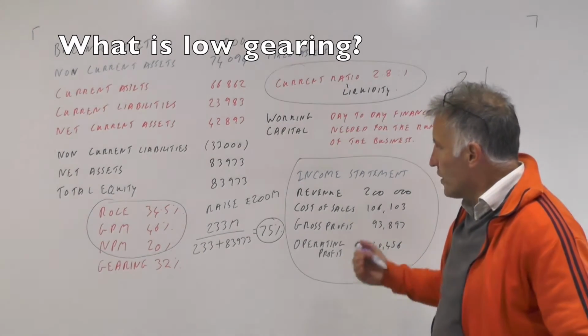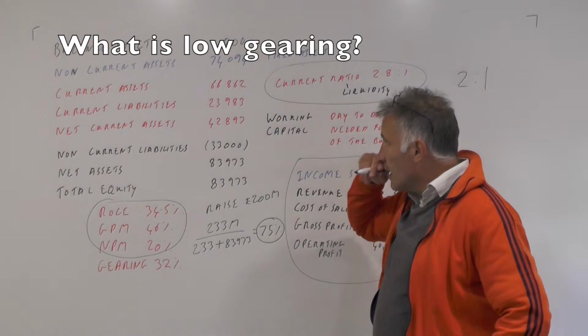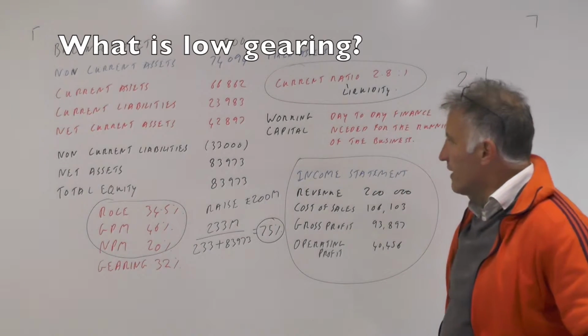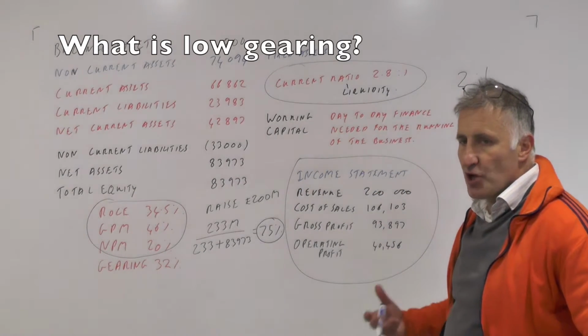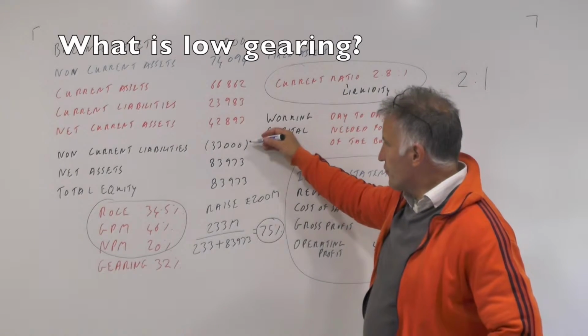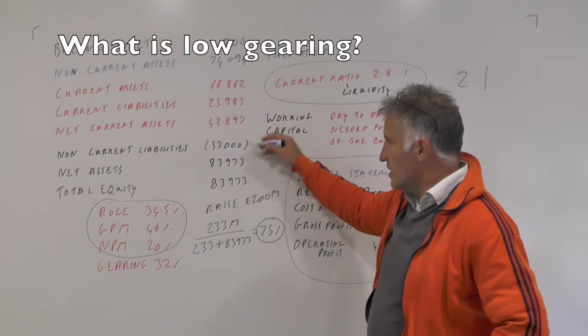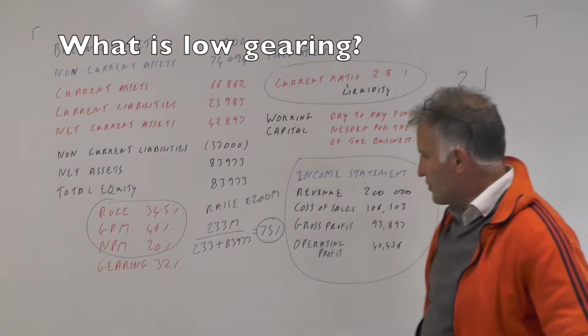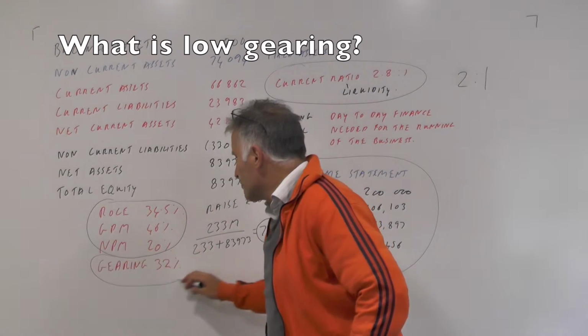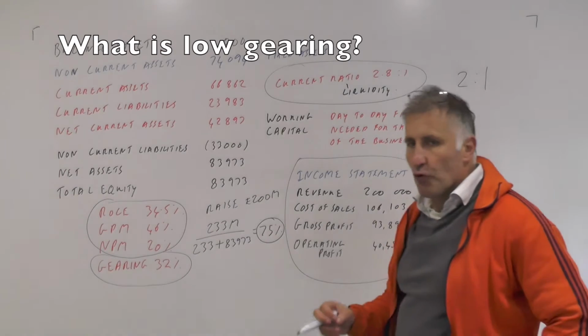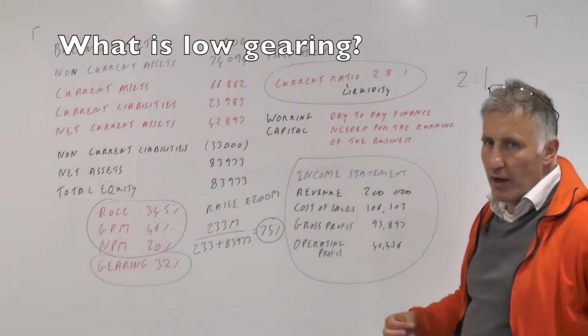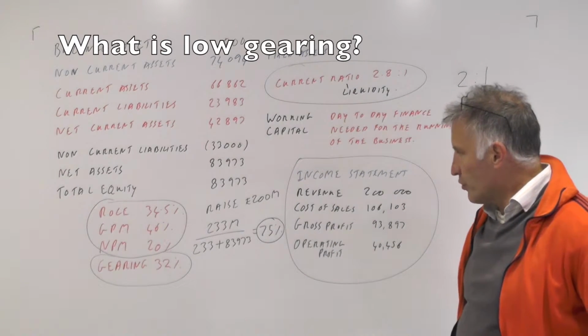If we do that, we can see quite quickly that the gearing is 32%, which means low gearing, because 33 divided by 116 million is going to be about that sort of figure. So that's a gearing of 32%, and therefore the firm could borrow more money through gearing if it really wanted to.